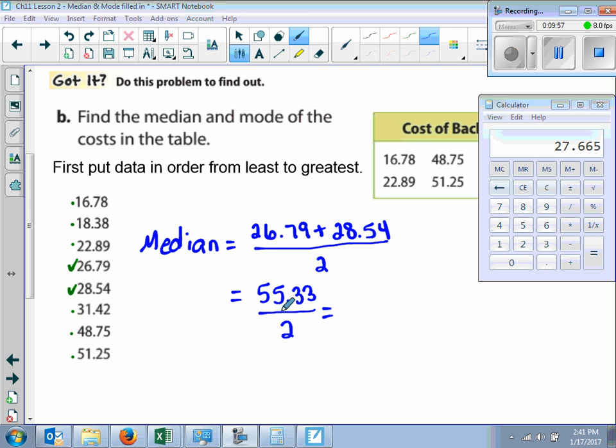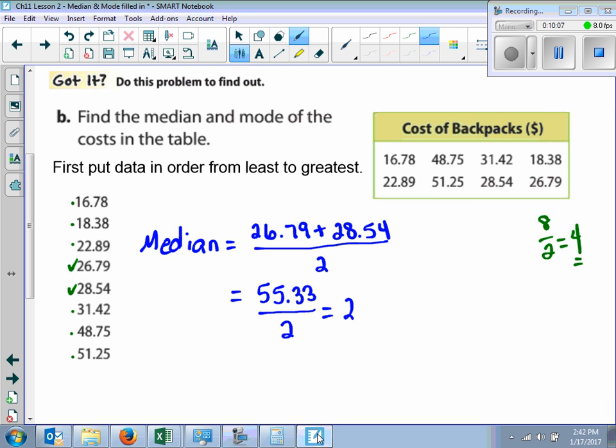When we add those 2 numbers, we end up with $55.33. When we divide by 2, we end up with 27.665. Now, because this is money, we need to round to the nearest hundredth.